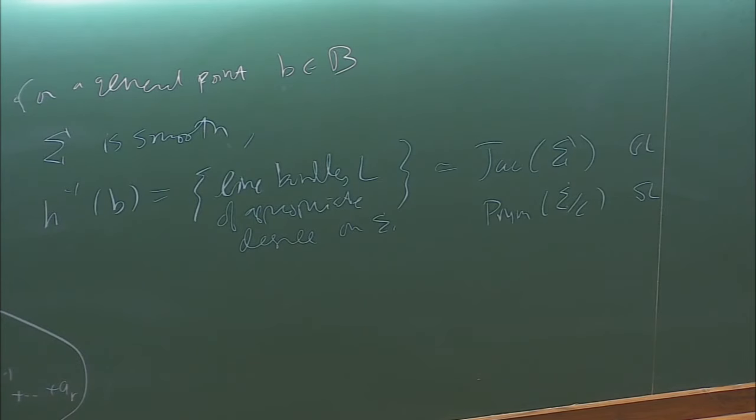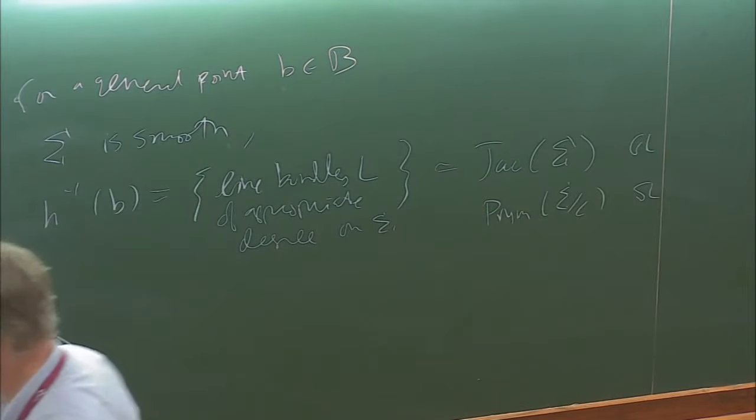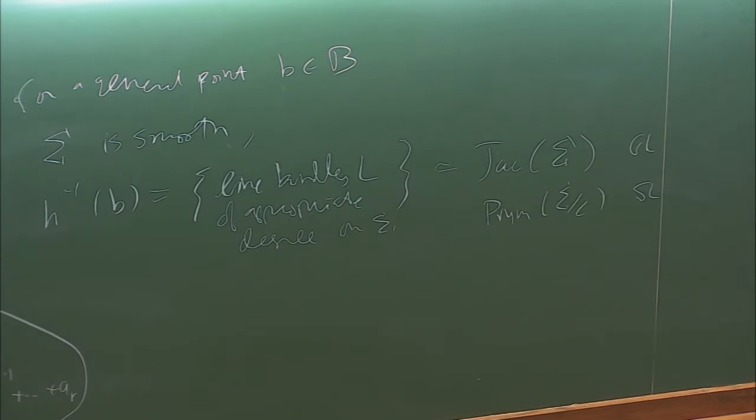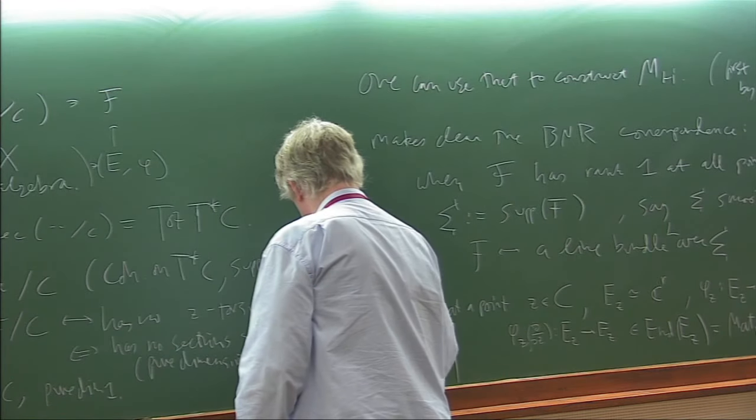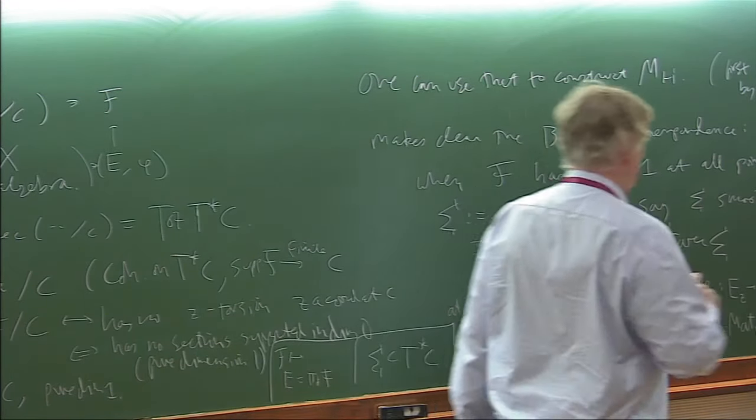Sorry, I didn't write that either. This map, I should write that here also. The map is given by F maps to E, which is pi lower star of F. I knew it. I wasn't done with spectral curves yet.